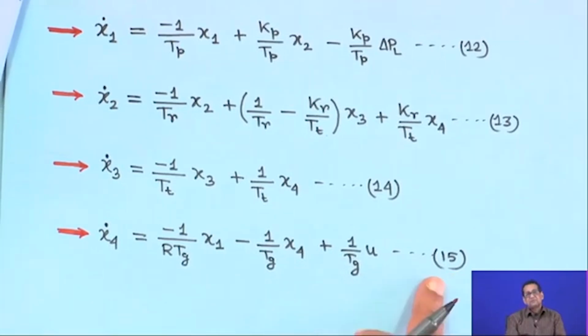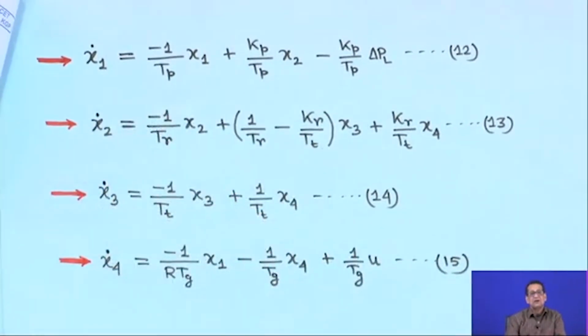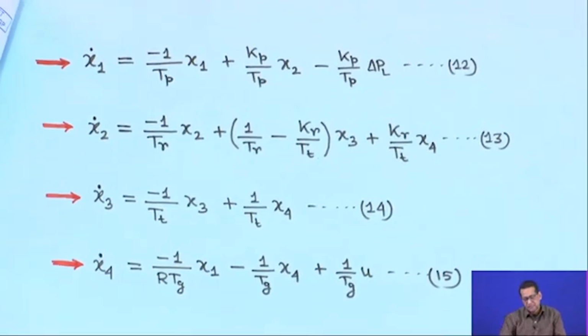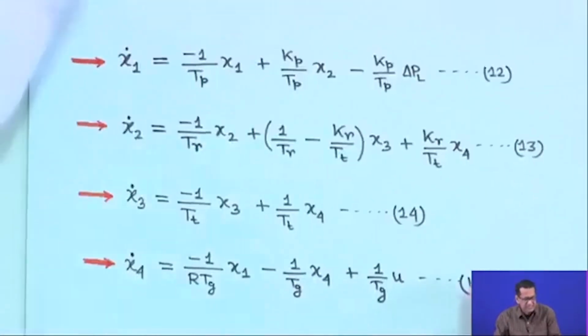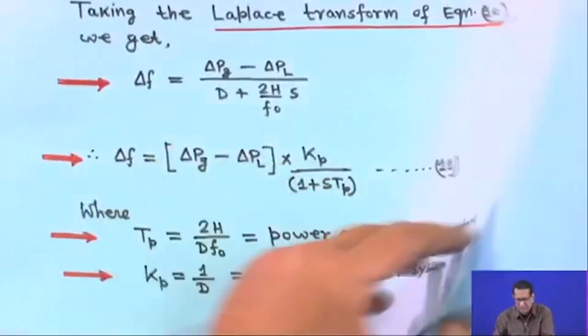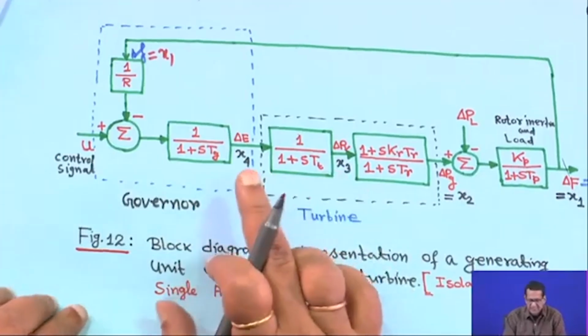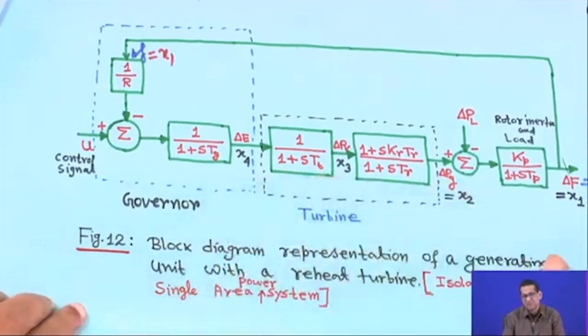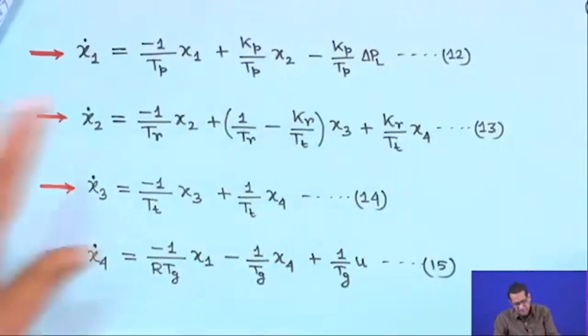I think up to this it is understandable how to obtain all the state variable equations, x1 dot, x2 dot, x3 dot, x4 dot; there are 4 state variables. I have taken the state variables like this, x1, x2, x3, x4. The way you want, you can take them, no problem.